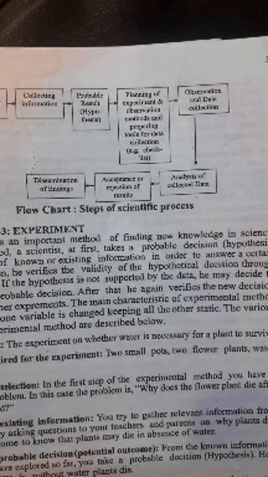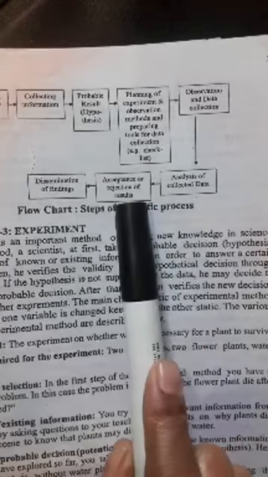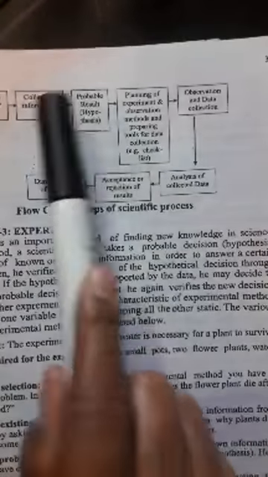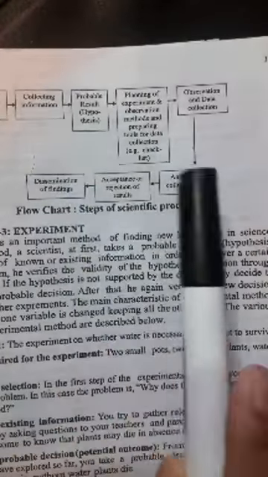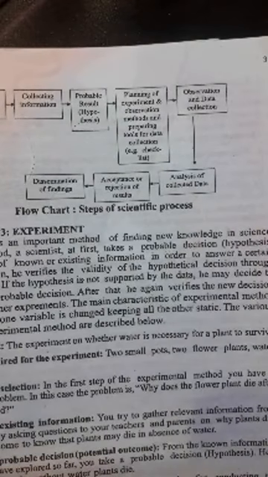So in order to examine or undergo an experiment, you have to go through these processes or these steps. 1, 2, 3, 4, 5, 6, 7, 8. I mean 8 steps you have to go through. You have to undergo.